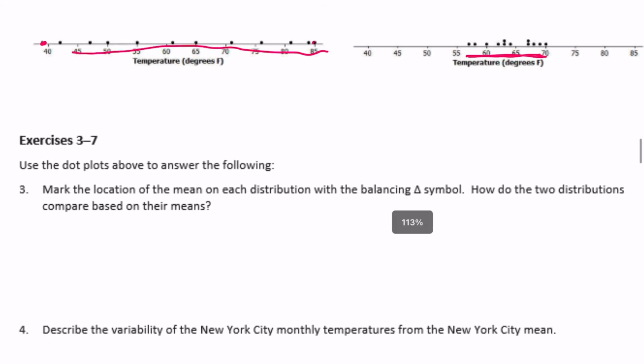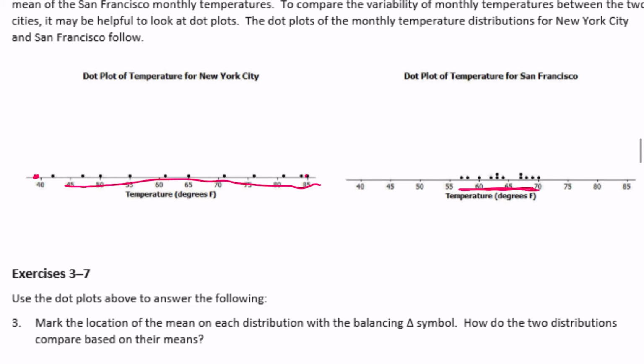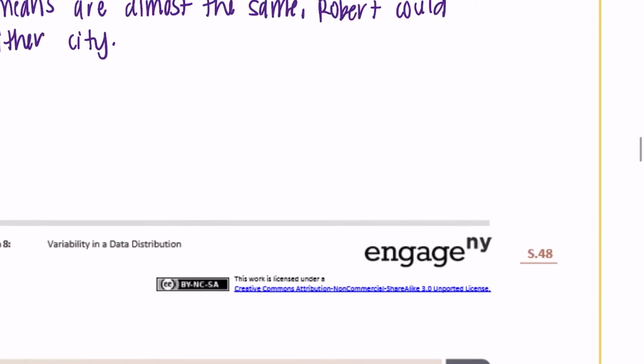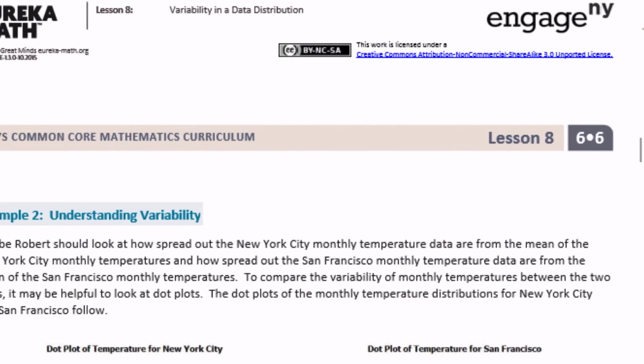It says, mark the location of the mean on each distribution with a balancing triangle symbol. How do the two distributions compare based on their means? So the average for New York City was 63 and San Francisco was 64.